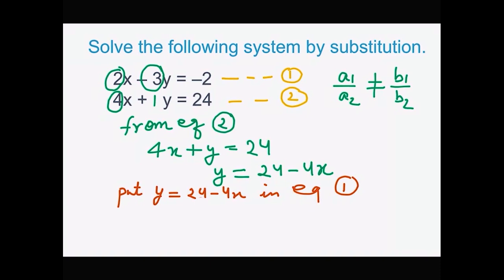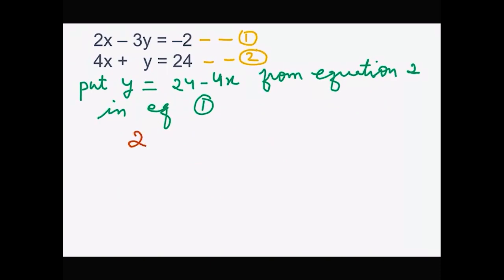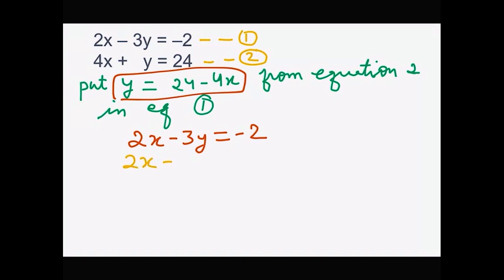So let's see what your equation is. 2x minus 3y equals minus 2. Now we will put this value of y, that is 24 minus 4x, in this equation. So this equation will reduce to 2x minus 3, in place of y we put 24 minus 4x, and that will be equal to minus 2.